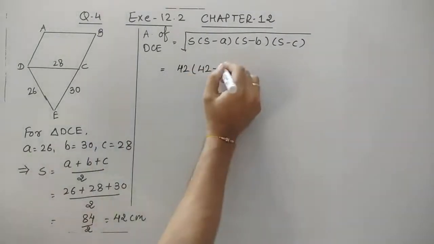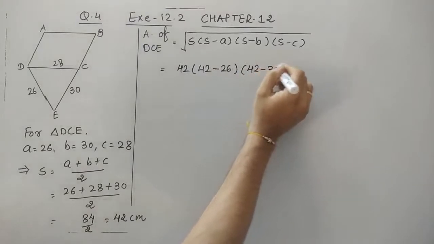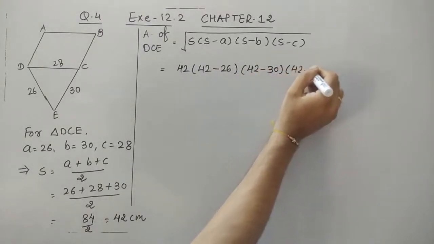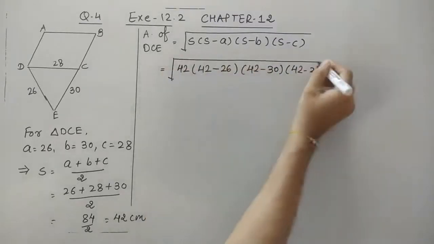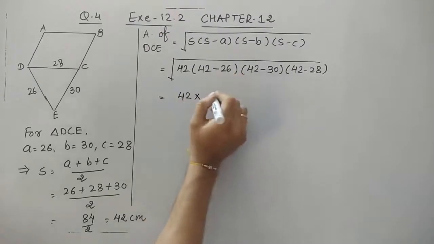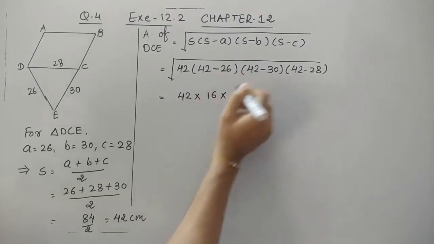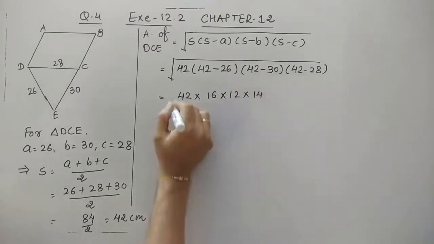Value of A, that is 26. Value of B, that is 30. And value of C, that is 28. And the whole square root. Let's simplify this. This 42 as it is. The subtraction gives 16. The subtraction gives 12 and the subtraction gives 14.